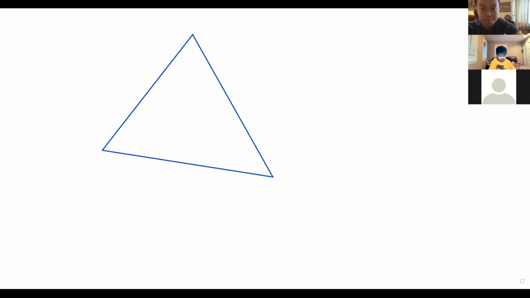All you know is the lengths of the sides that we label. So let's say this is triangle A, B, C, right? So let's say this side, and this side.